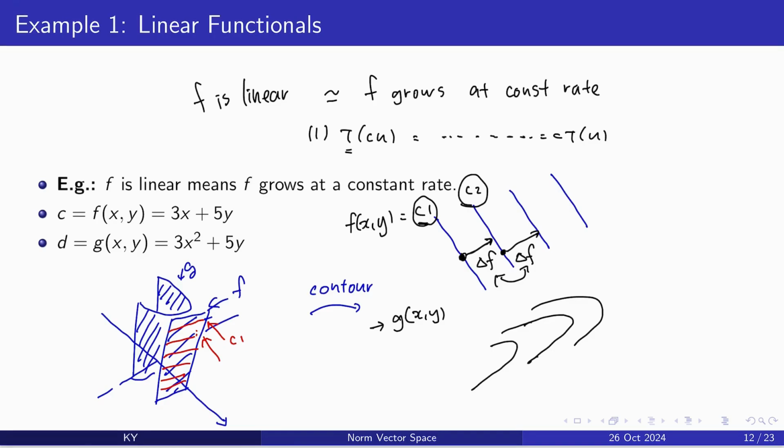If you pick a point from here and you check the changes in the growth, the output of g, it differs from every single point. You can see that the first one right here and the second one are quite different. It doesn't grow at a constant rate. That's why we can say that g is non-linear. So that's the idea we can talk about for linear functionals.